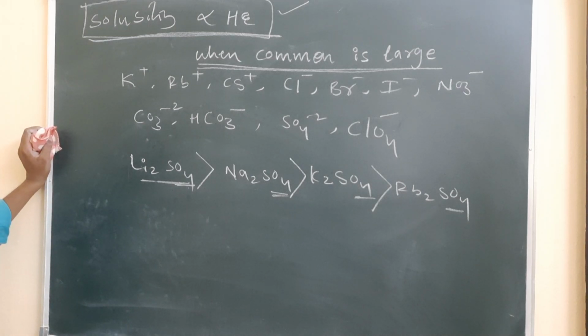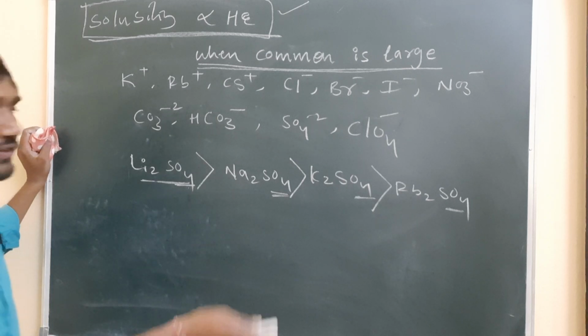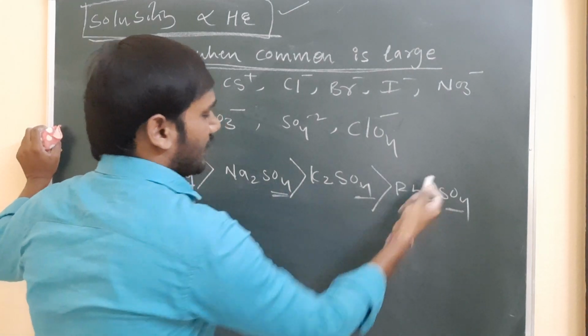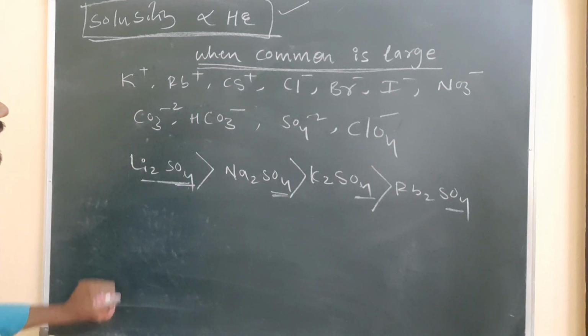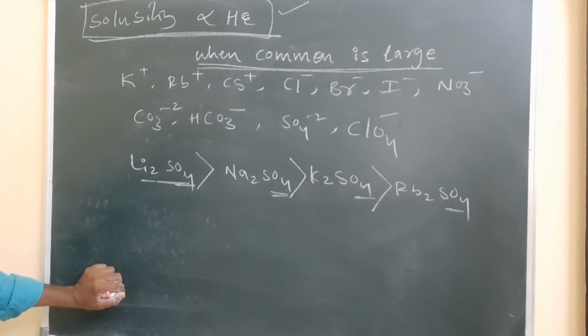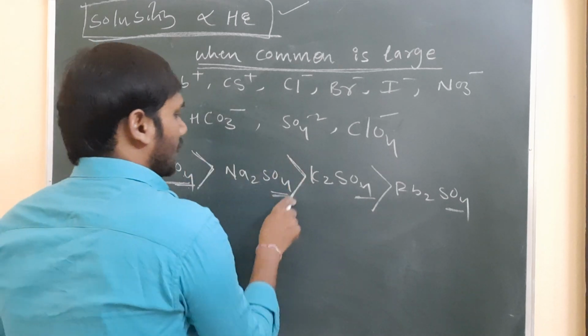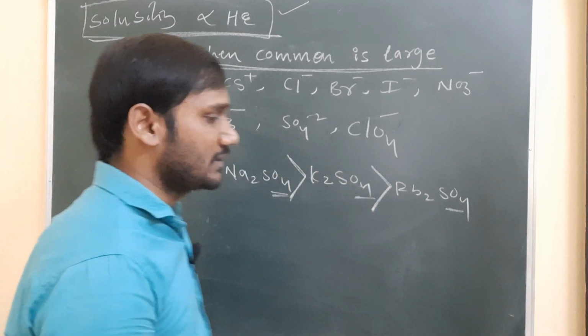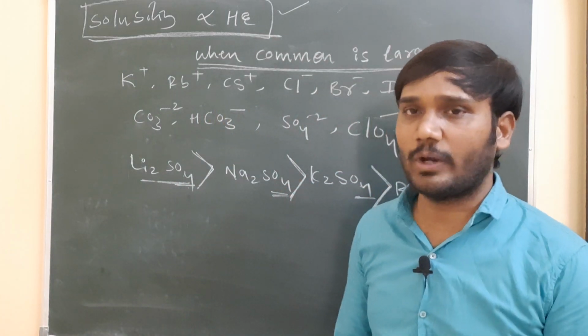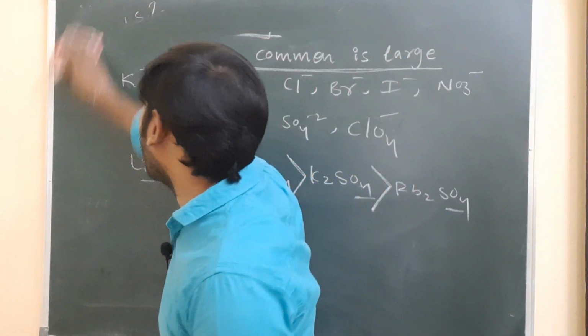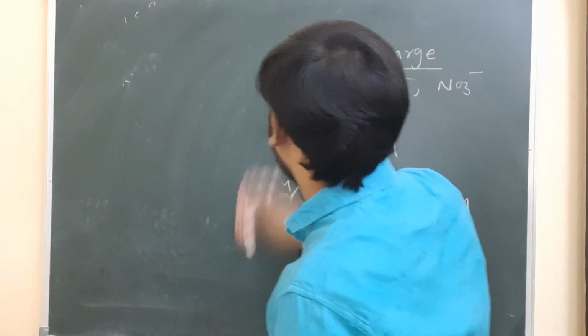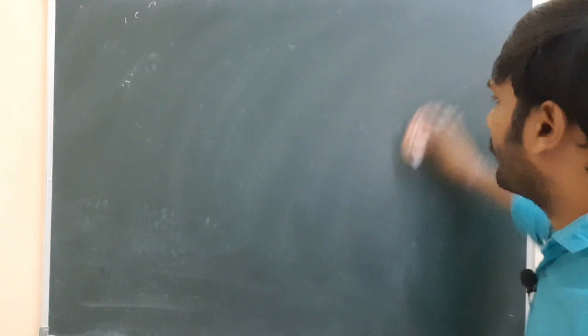Sulfate ion is large here, so solubility is directly proportional to hydration energy. The solubility of lithium sulfate is more, right? So this is the solubility of the different substances.